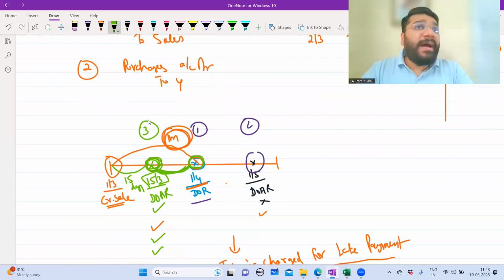1,000 crore at the rate of 7% for 15 days. 70 crore. Is 70 crore coming, or 70 lakh, or 7 crore?